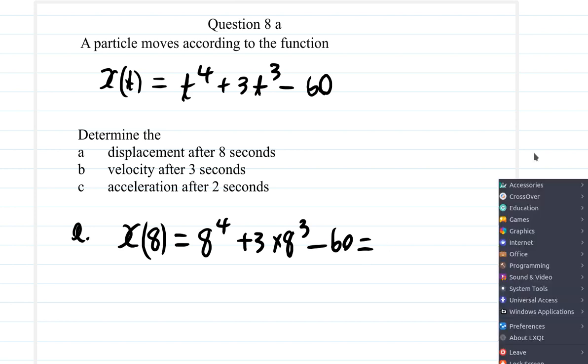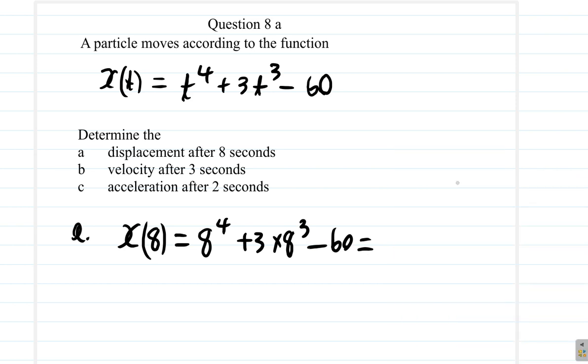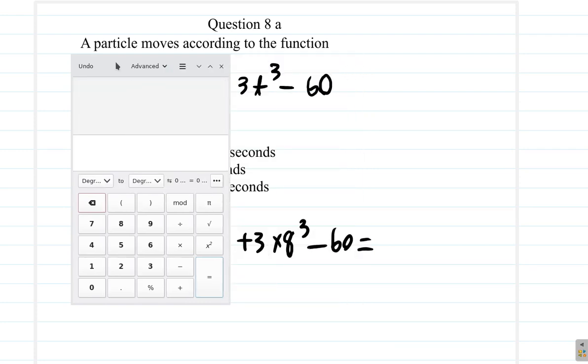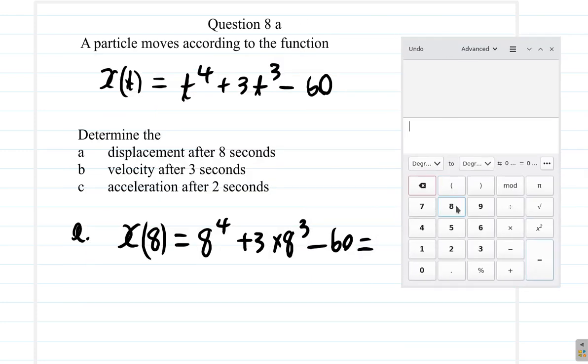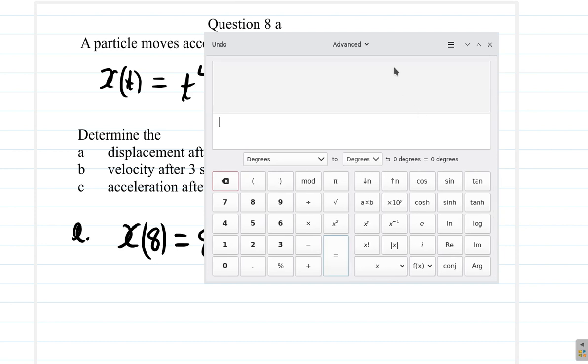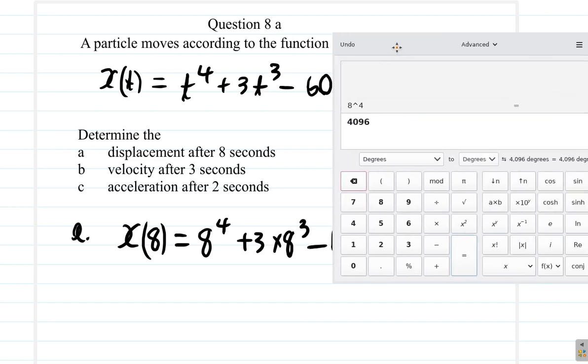Let's use our calculator and work that out. We're going to have to put it in advanced mode to see the power. So we have 8 raised to the power of 4. That's 4096 so far.